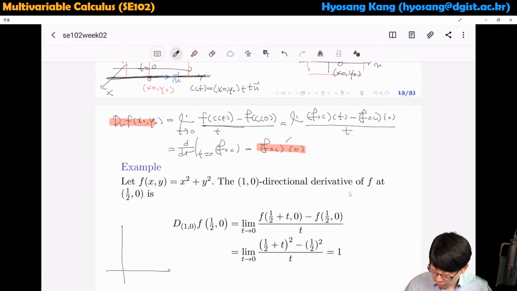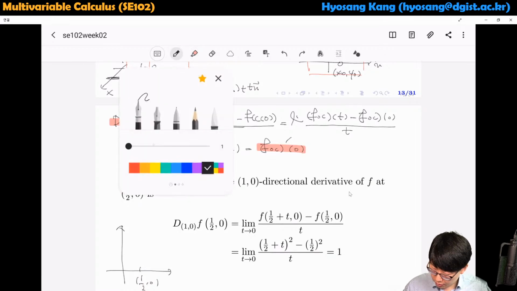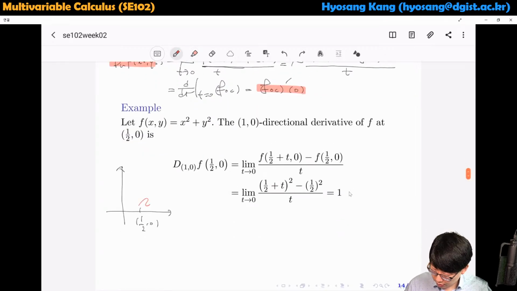So in the two-dimensional plane, here is my point (1/2, 0), and my direction is this direction. This is my u, (1,0).